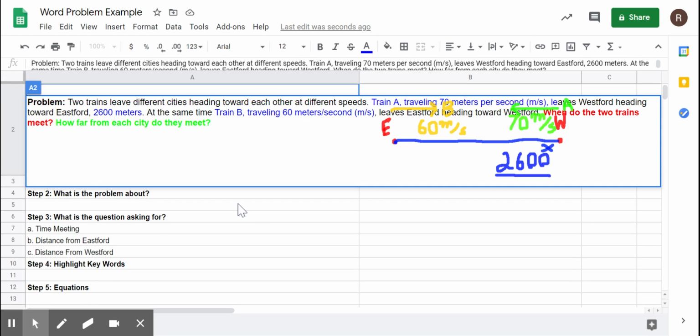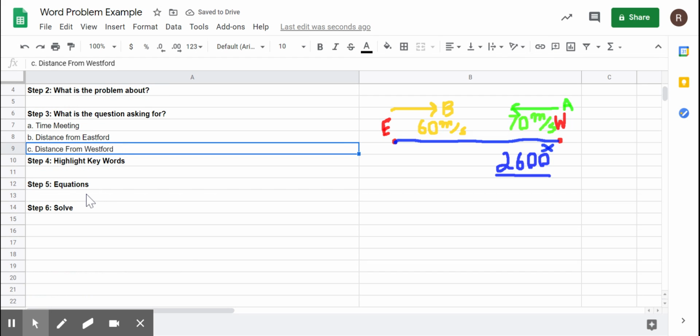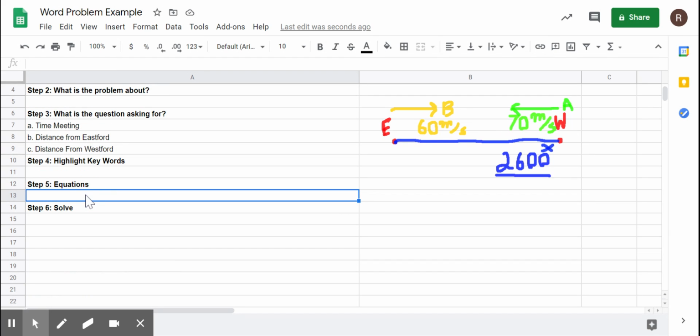I want to make it step 5 first. Step 5, equations. So let's actually think about it. If we have this, what are the equations we're dealing with? Well, obviously, we are graphing this, so velocity is going to be involved. So v equals delta x over t.